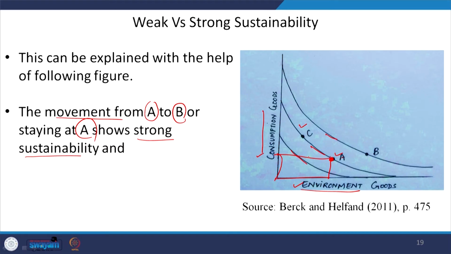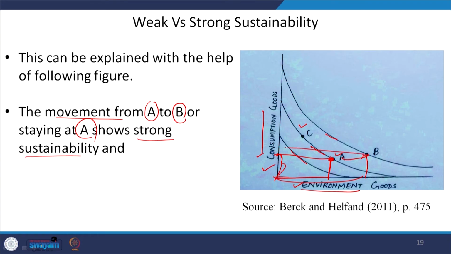Because if the consumer is moving from point A to point B, then the consumer is either maintaining the same level of environmental goods consumption, or increasing it, while maintaining or increasing the level of marketable goods.